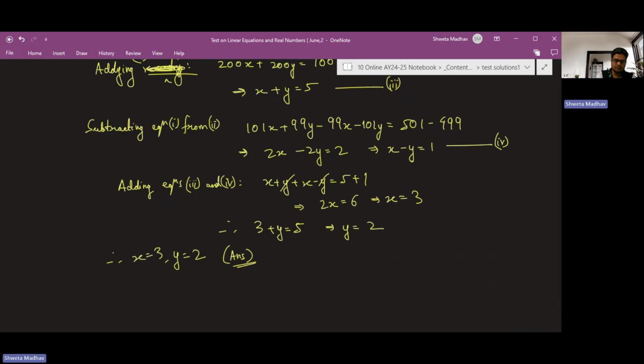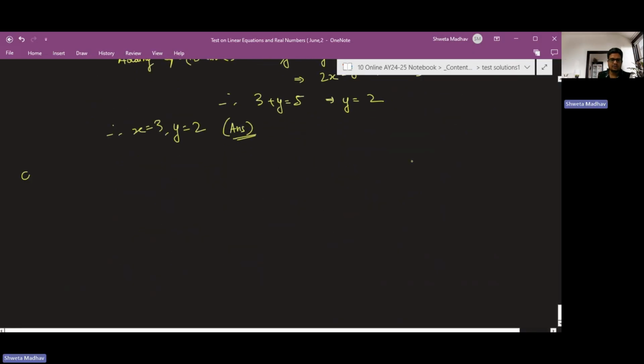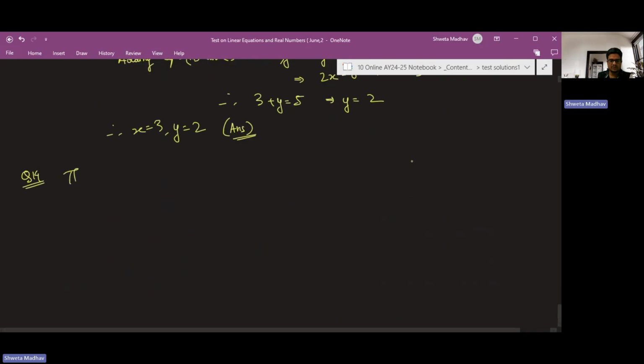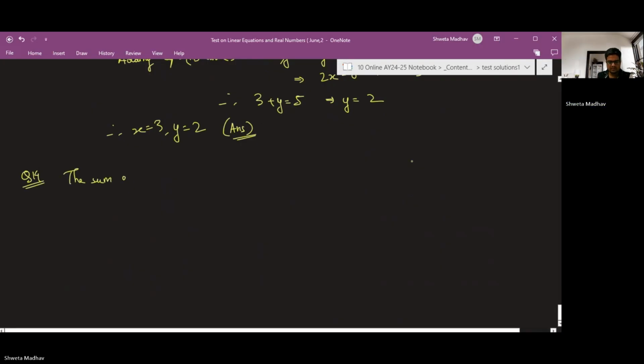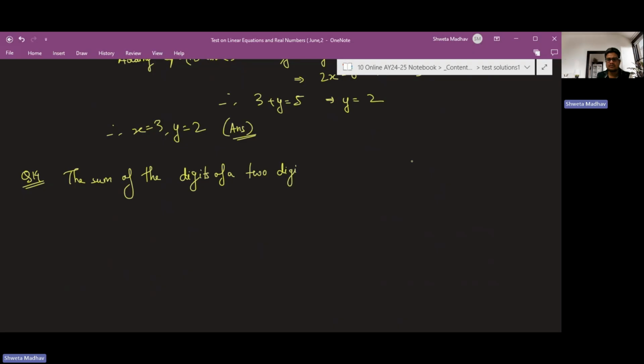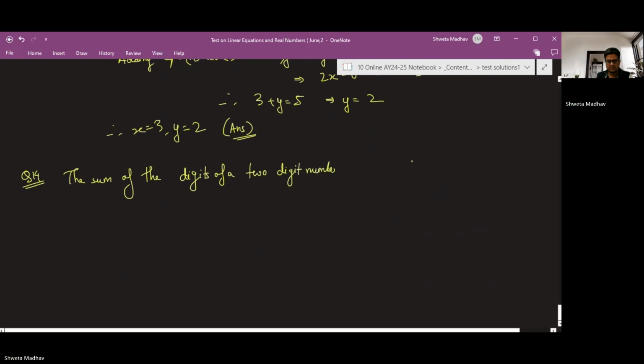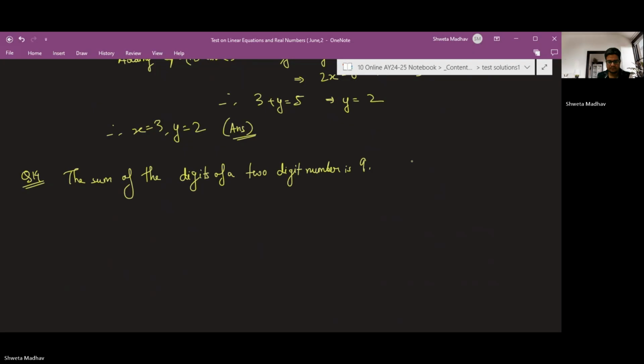Then in question number 14, it has been told that the sum of the digits of a two-digit number is 9.